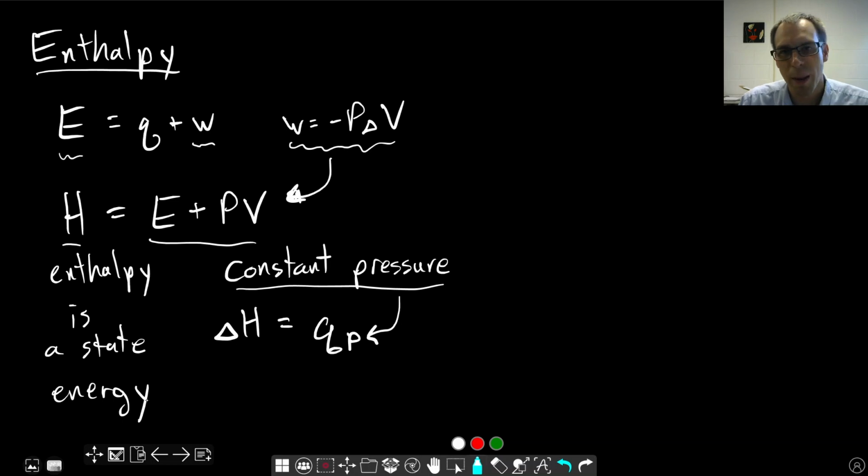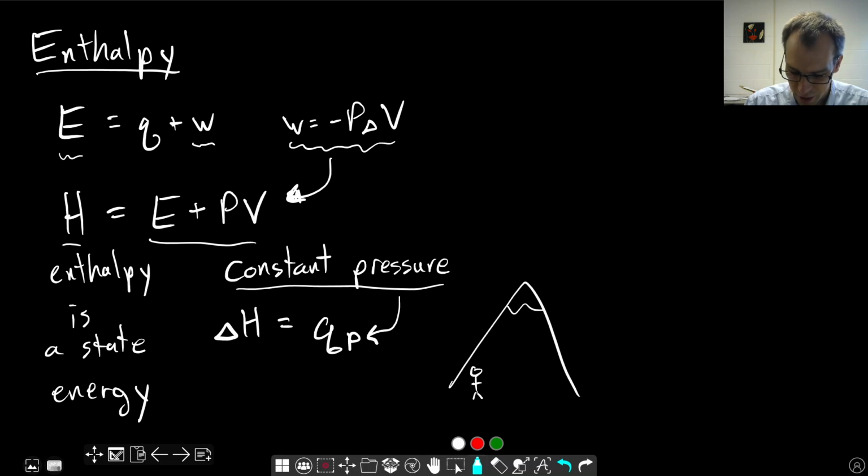We'll get to this later in the chapter, but it allows us to construct paths to get from point A to point B that maybe aren't very realistic, kind of like our example when we were thinking about state functions and we had our mountain, right? Thinking about a path where, say, our goal is to get from point A down here to point B at the top of the mountain, to figure out what's the change in energy here, and for some reason we can't figure that out directly.